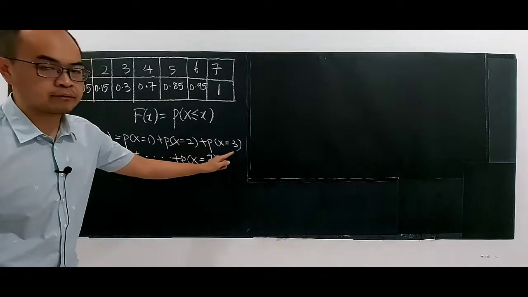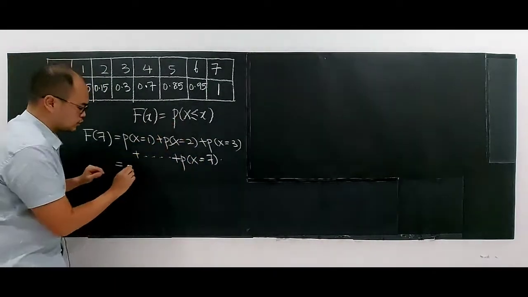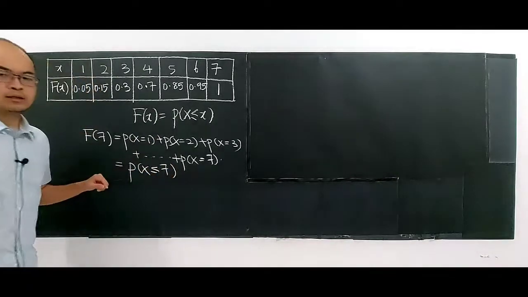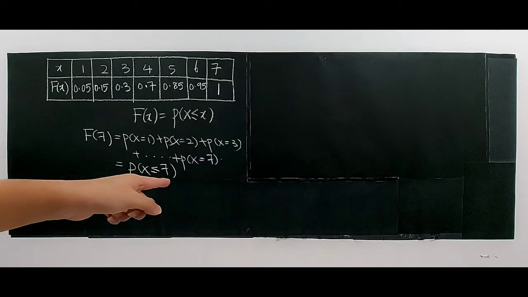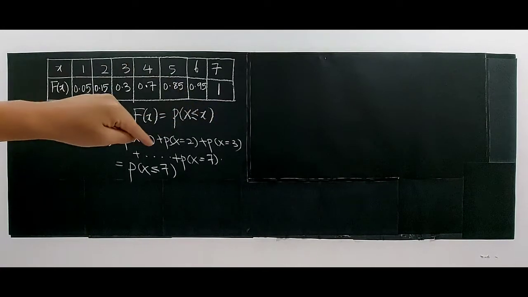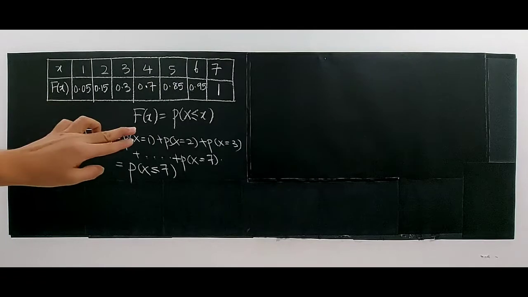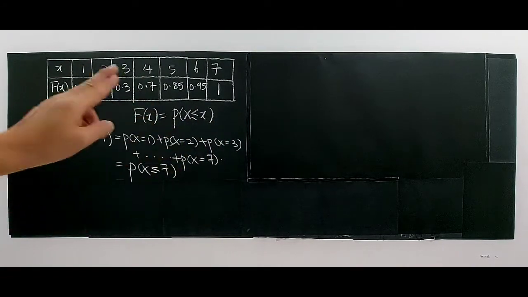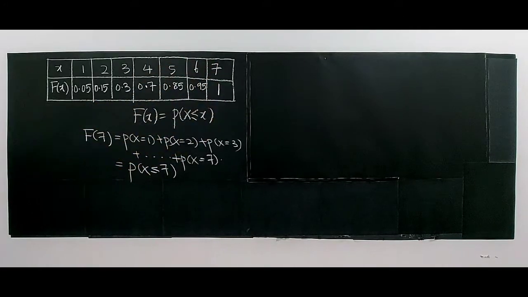This whole thing can be rewritten in a short form, which is the probability of X less than or equal to 7. What is meant by less than or equal to 7? It means the probability of 1, 2, 3, 4, 5, 6, 7, including all. That's why if you add up the probability here, you are getting 1. So this is a cumulative. Can you see that? It's 1, right?